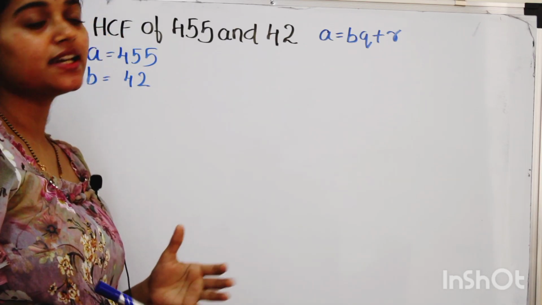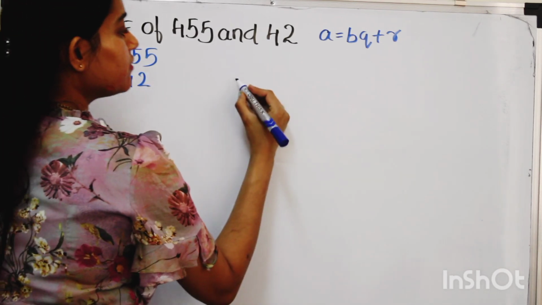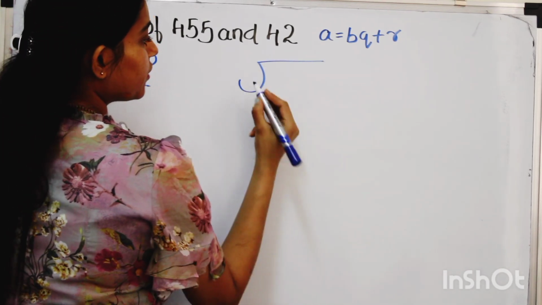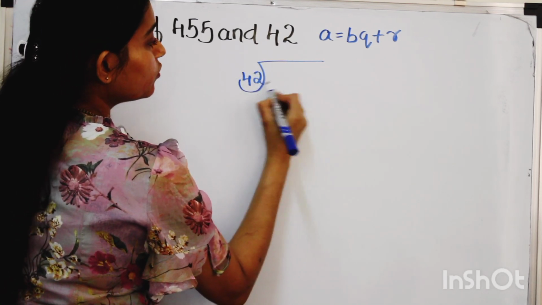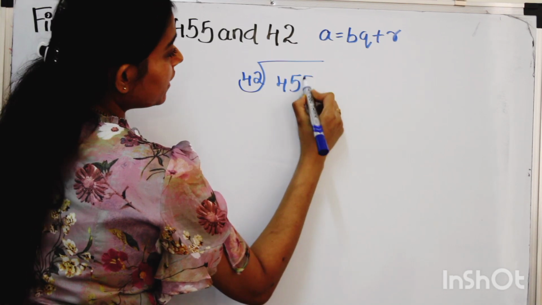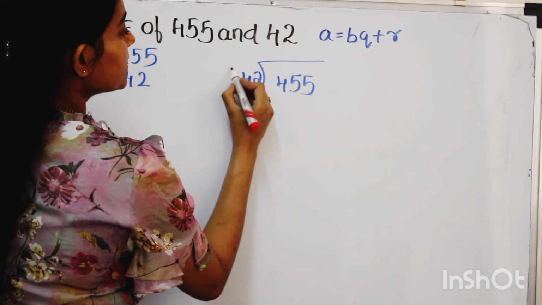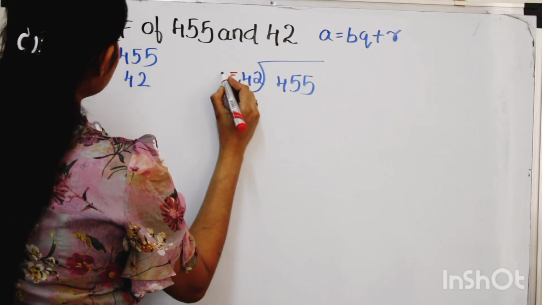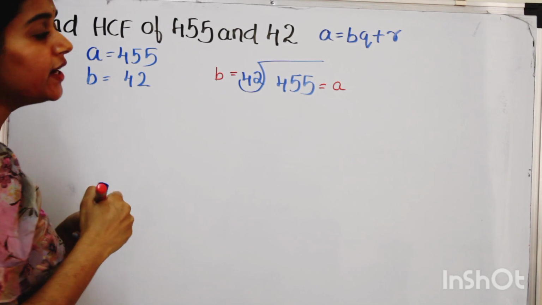So now see how it is. What is a? 455. Now divide this by 42. Let's note that 42 is b and 455 is a.